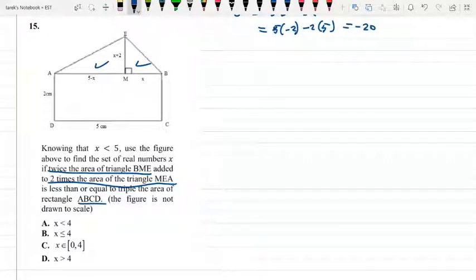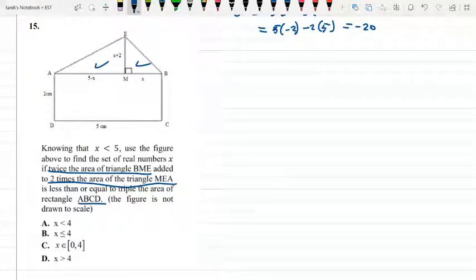Twice this added to 2 times this means it is double the area of the whole triangle. Isn't that correct? Yes, it is correct. Because these two small triangles form the big triangle. So this plus this equals the big triangle. Twice this plus twice this equals twice the big triangle.